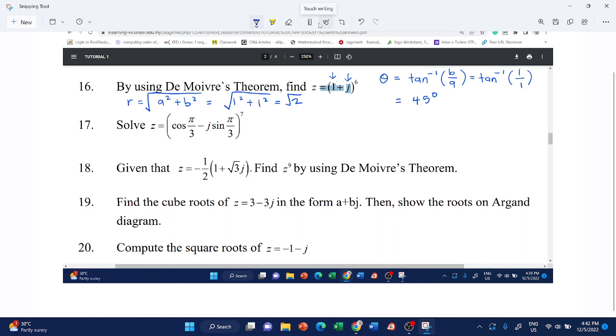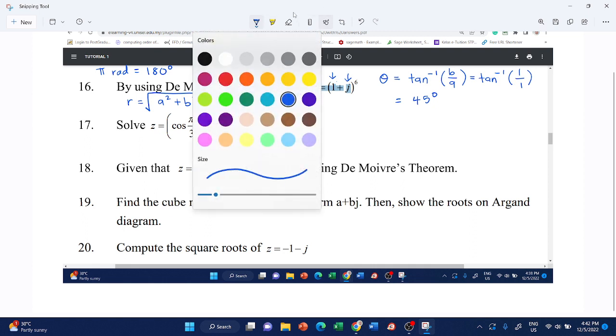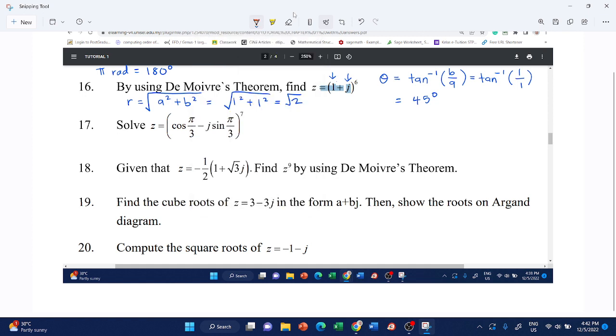Remember just now, I gave the conversion. Pi radian is 180 degrees, right? So if I want to convert degree to radian, I will multiply by pi over 180.